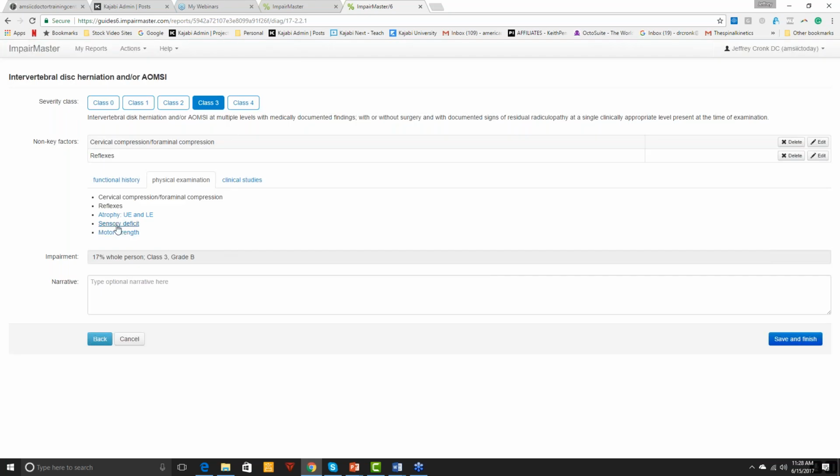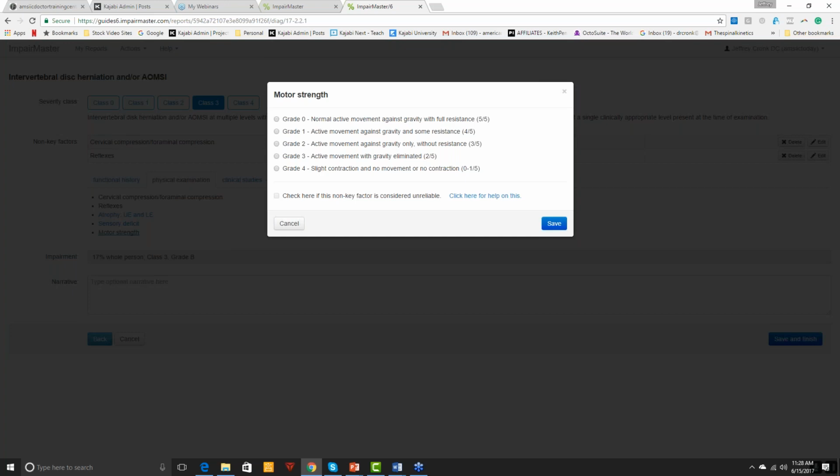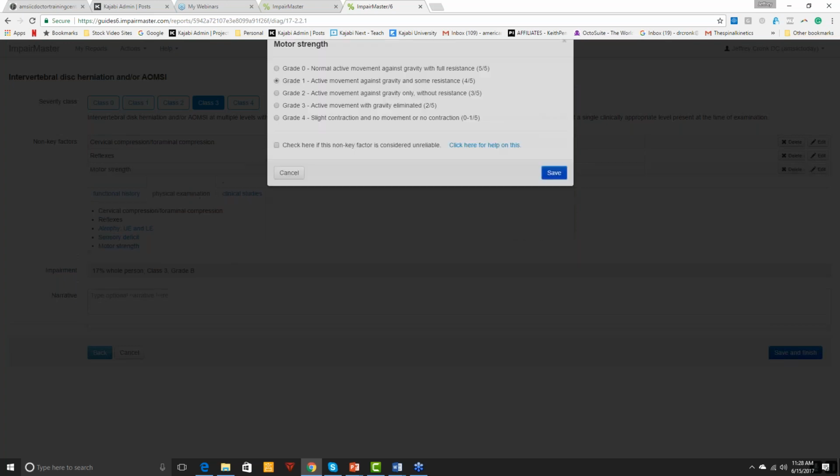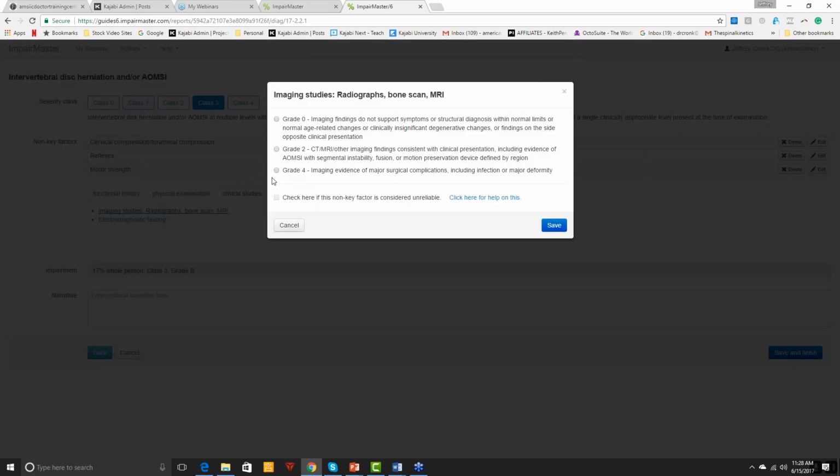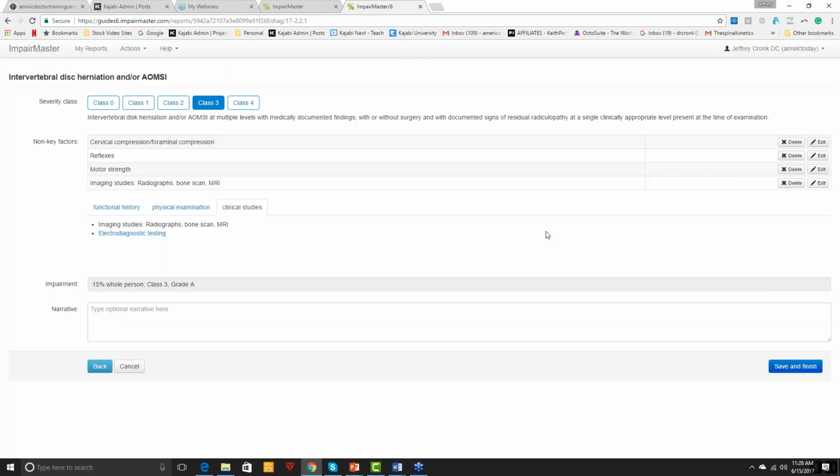Do I have atrophy? No. Do I have motor strength problem? Yeah, I have a grade 4. So grade 4 right here. Good. And what else do I have? Do I have clinical studies? Yes. I have imaging. Imaging gives me evidence here. Yes. Good. Now I have imaging evidence, and it just took me down another notch.